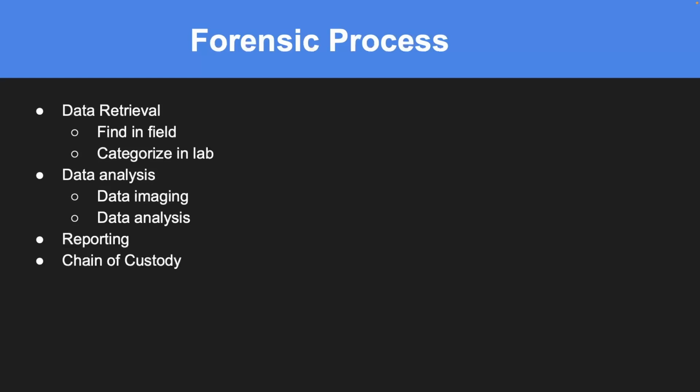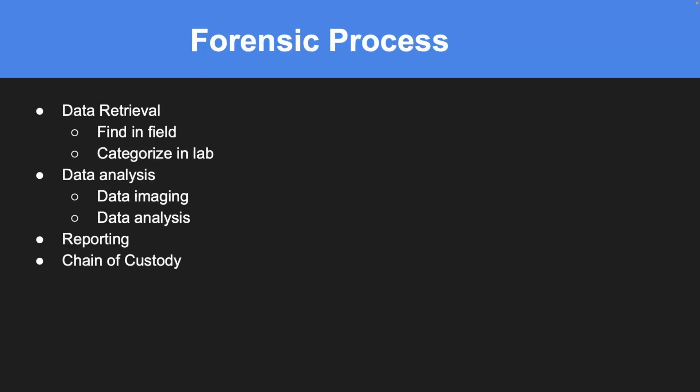So in our first process, our data retrieval process, we will find it in the field, or in the place where we were told to pick it up from. And then we will take it to our lab and categorize it in that lab as a phone or as some type of data that we will then image later on.